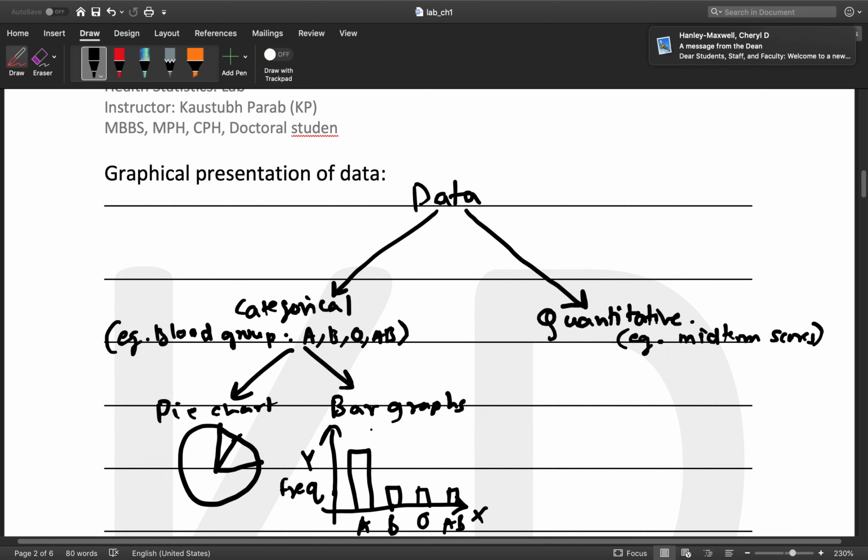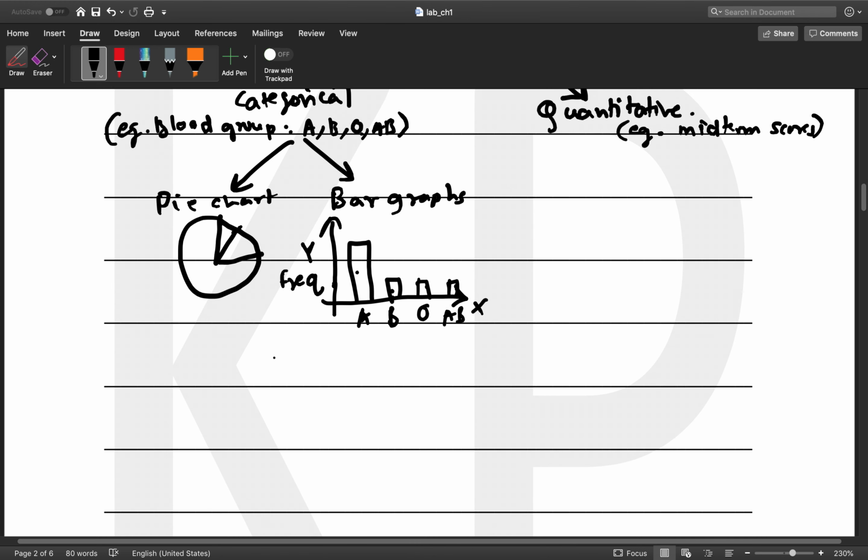The reason bar graphs are preferred by statisticians is because it's easy to compare different bars in one graph. Another reason is that you can also represent the preference of data. As an example, if you have a question asking, do you like coffee, do you like tea, and do you like milk.